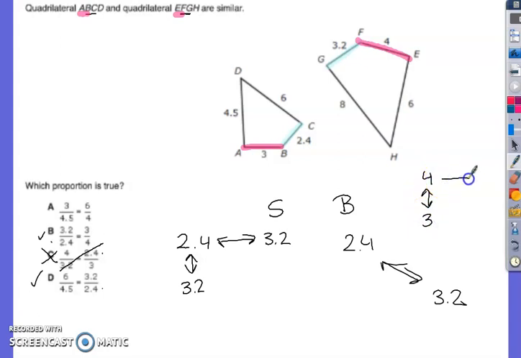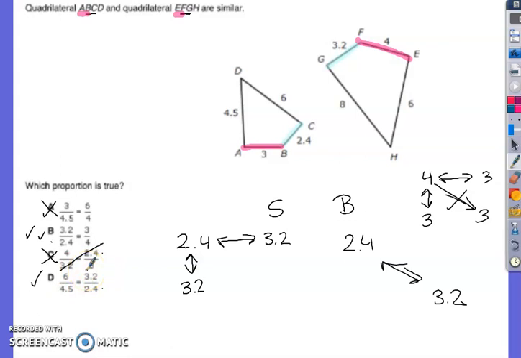I can have a top-bottom relationship or a side-by-side relationship, but it cannot go this way. 4 and 3 cannot go that way. Okay? Well, look at the first one. 4 and 3. I'm looking to make sure I don't have another 3 there. That cannot be correct. Okay? 4 and 3 here. This is a maybe. And then here, I don't see a 4 with a 3. Okay? So this is what you're doing.